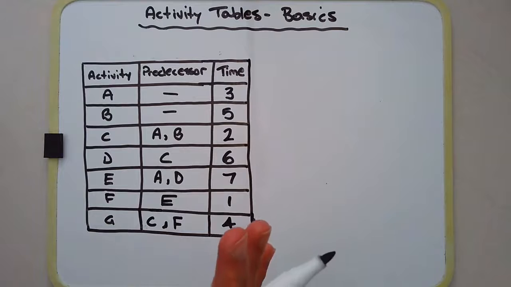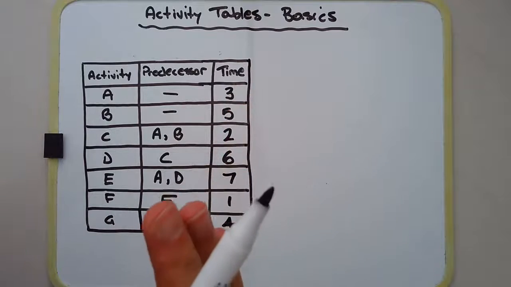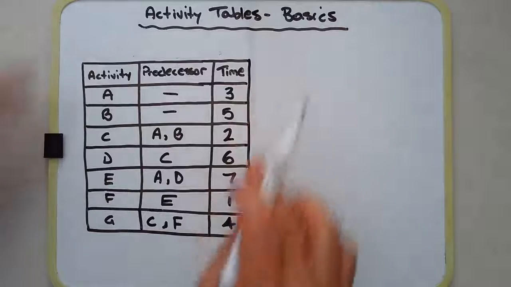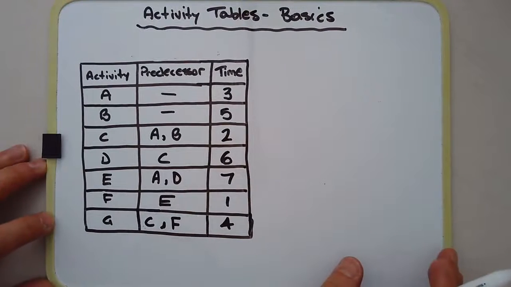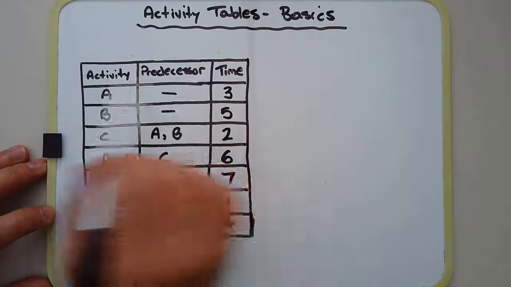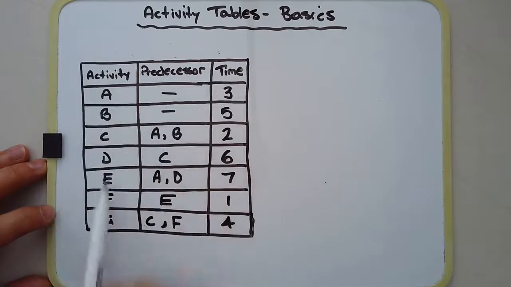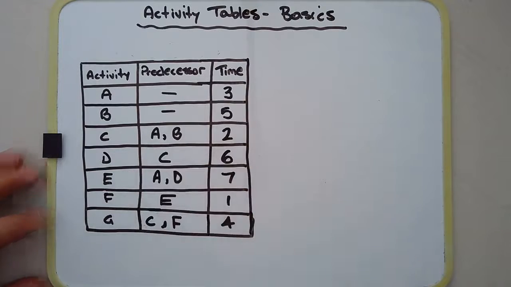What we're going to focus on though is we're going to build or draw our weighted directed network based on the information given. This is just some random table I came up with just for the purposes of this video. We talked about these 3 columns here. The first column is activities. The second column is called the predecessor column.